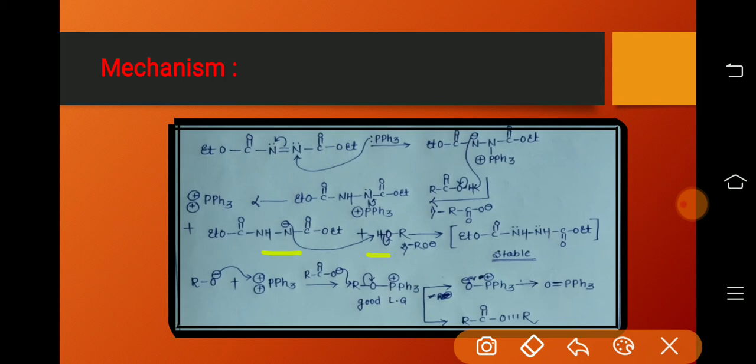Therefore, there is formation of stable diethyl hydrazine dicarboxylate, DEHD. The azo group is replaced by hydrazine. It is stable due to no lone pair and pi bond repulsion.